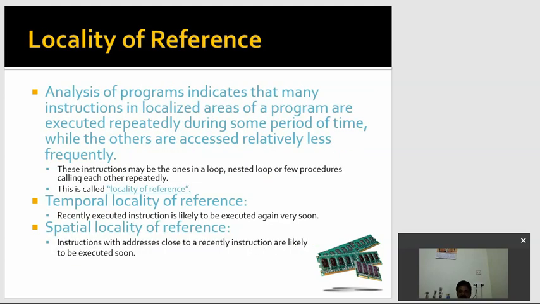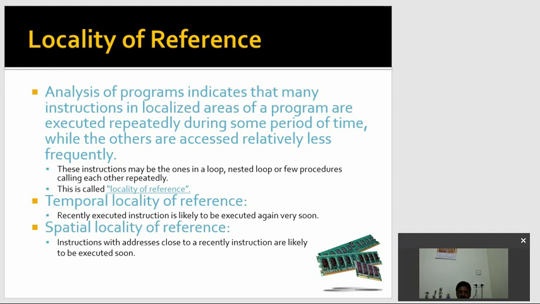Analysis of programs indicates that many instructions in localized areas of a program are executed repeatedly during some period of time, while the others are accessed relatively less frequently.